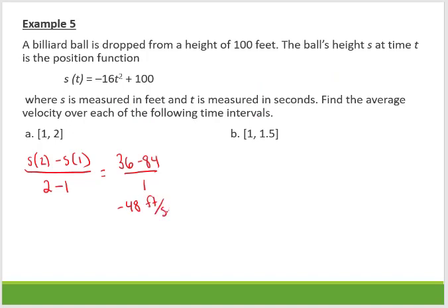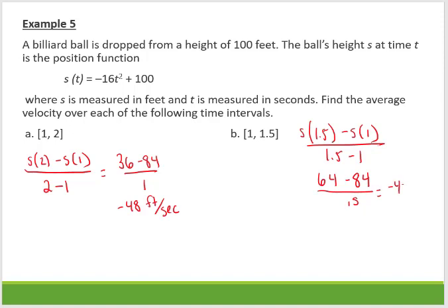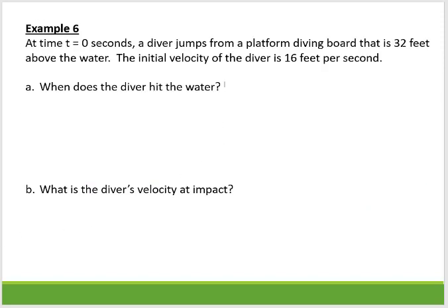If you're in physics, you guys are usually pretty good about that. Next, you have s of 1.5 minus s of 1 all over 1.5 minus 1. I work this out, and it ends up being 64 minus 84 all over 0.5, which works out to be negative 40 feet per second.